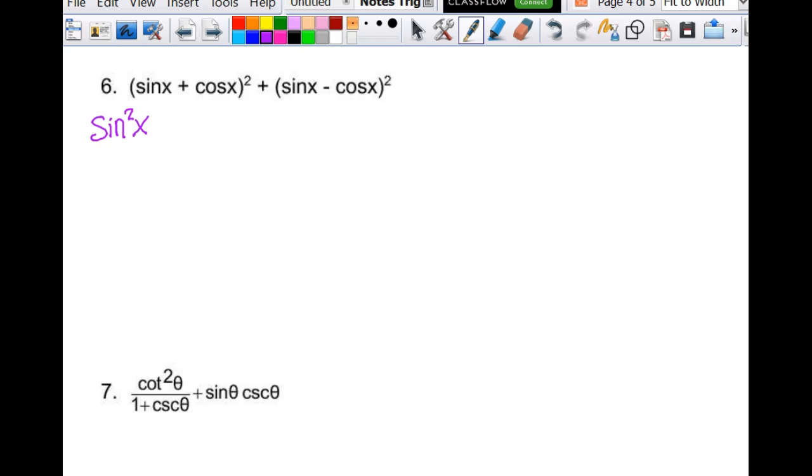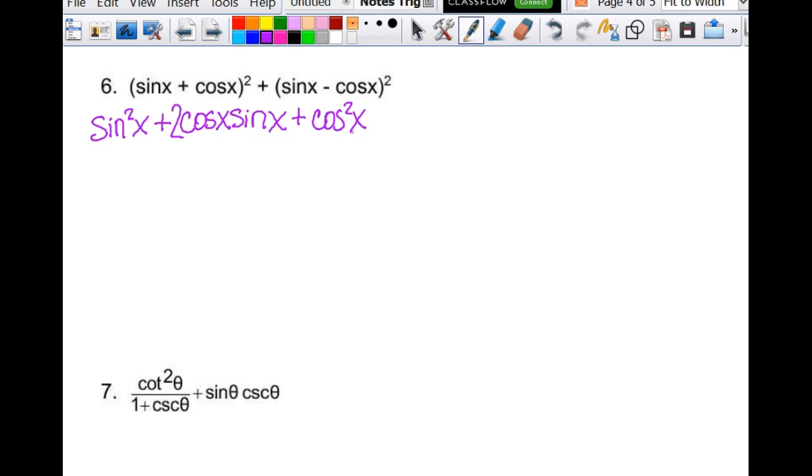Then what would come next? It would be 2 times cosine x sine x, right? Because we know how to FOIL things, right? You're squaring a binomial. It's this squared plus 2 times these two plus this squared, cosine squared x.